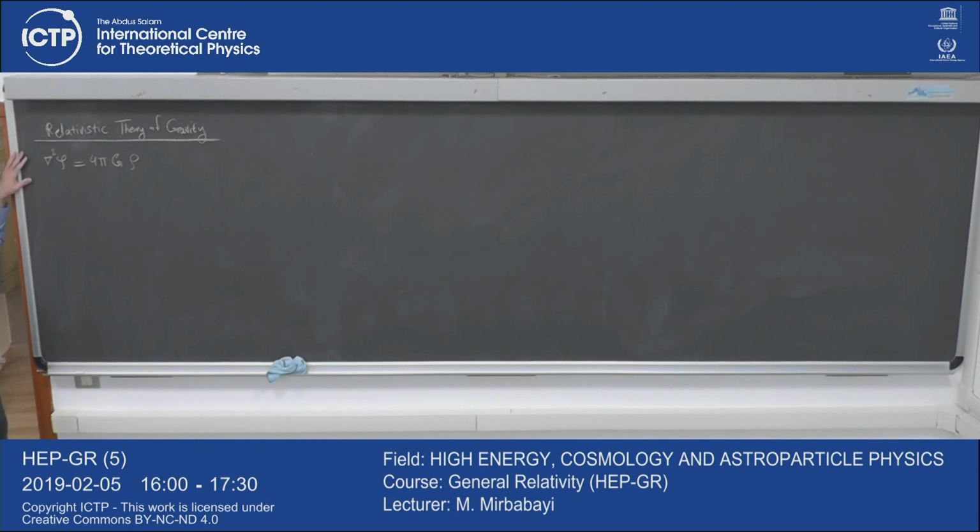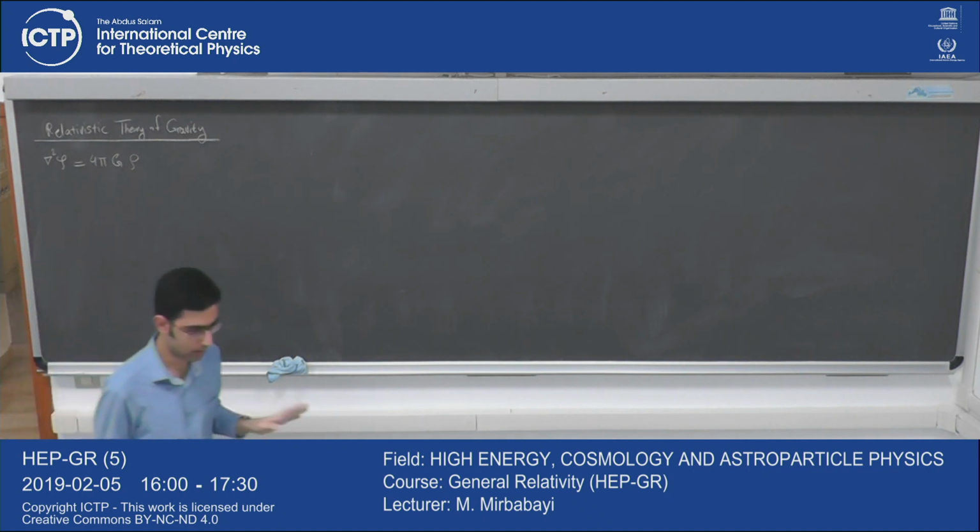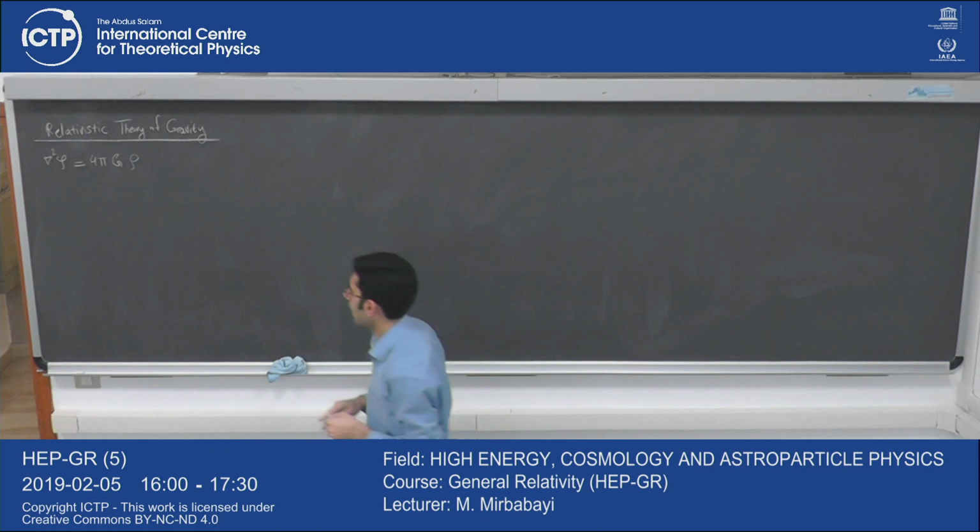So we want to try to see if we can find some relativistic description using a scalar particle that reduces to this Newton's equation in the non-relativistic limit. Right, so the task is very well defined.